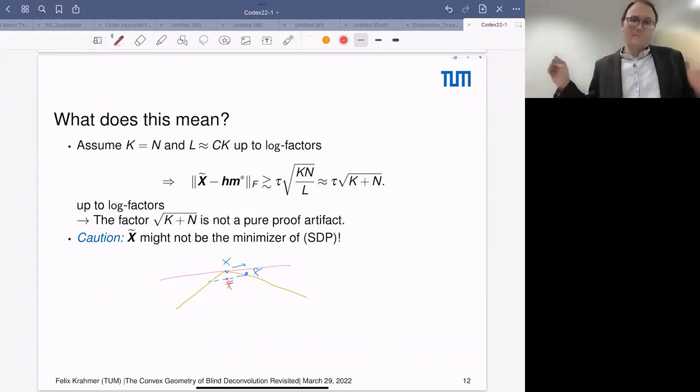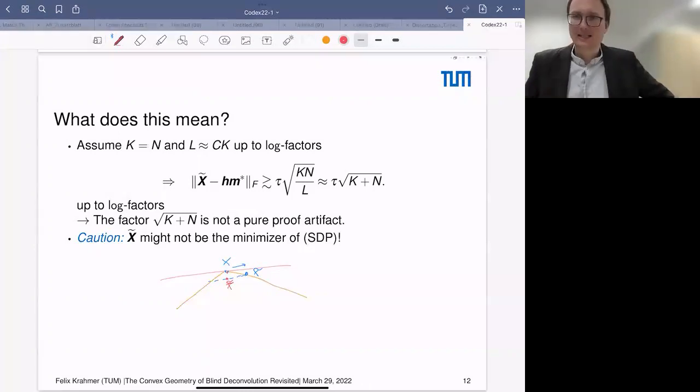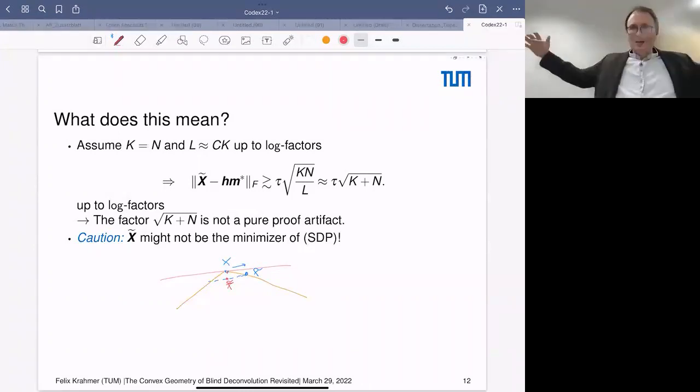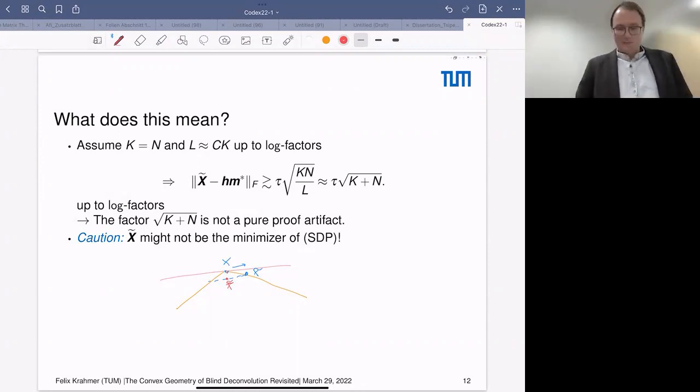We don't know if this happened. We suggest this may be the case, that the true minimizer is not such a counterexample. But even if it is, we have to be very careful, because it means there's a lot of instability at this point. If there are so many good and bad solutions close to each other, this could potentially be a problem.